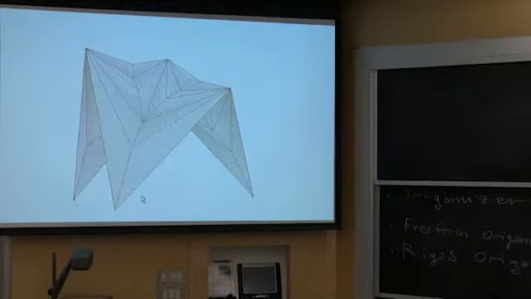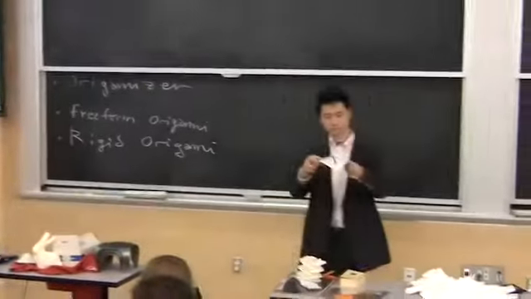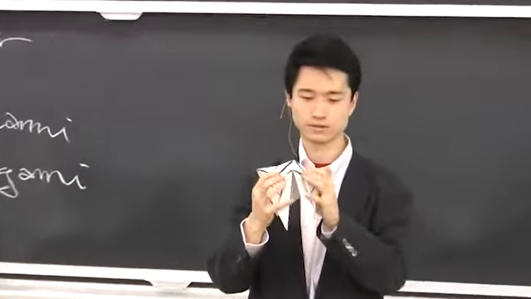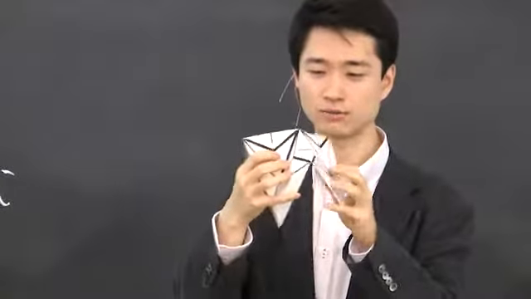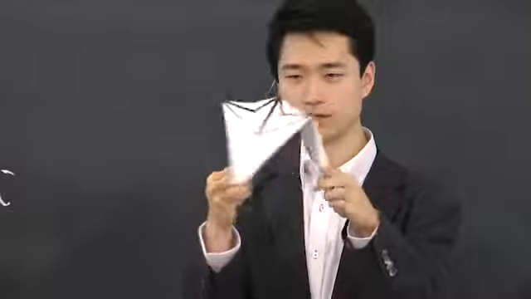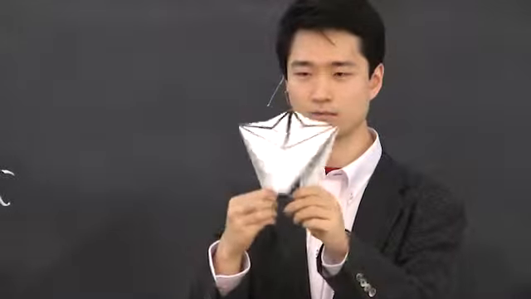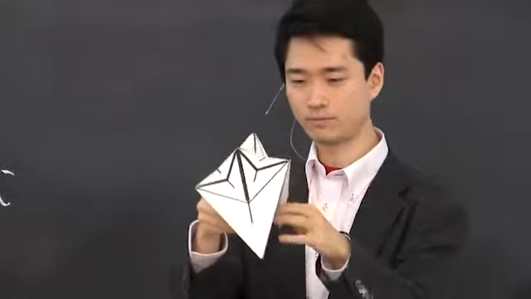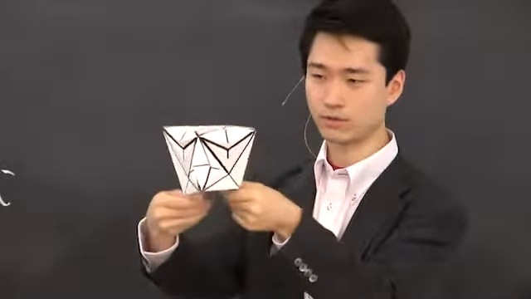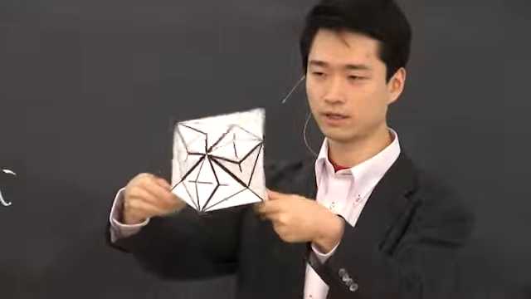So this is an example. If you change the position of the leg, then you get different shapes for the 3D configuration, like this.